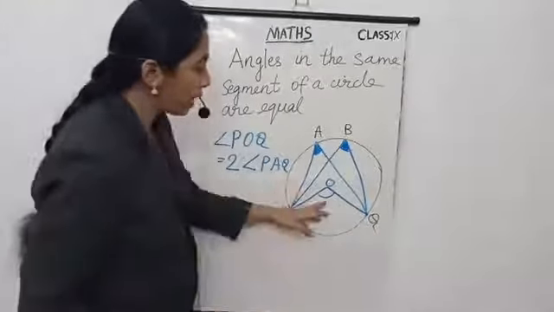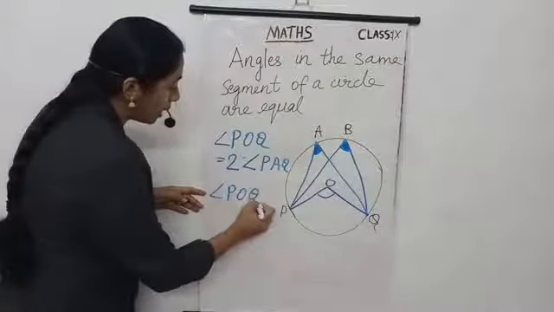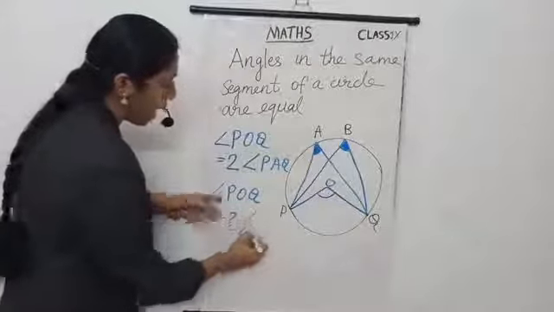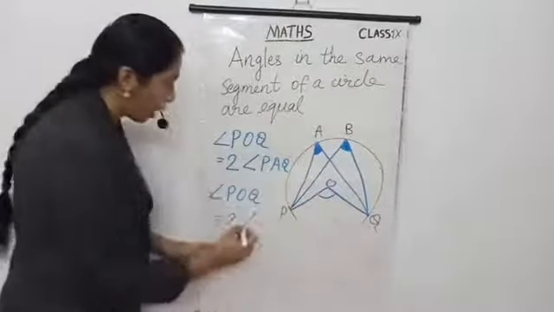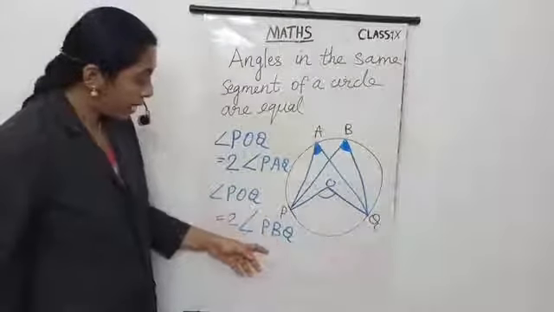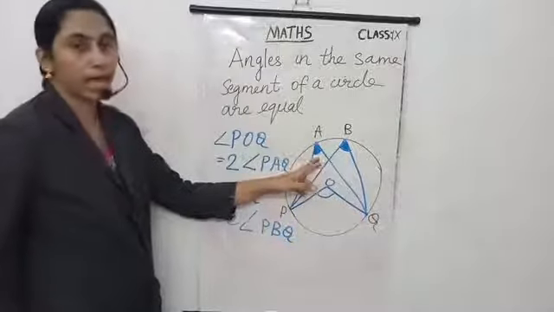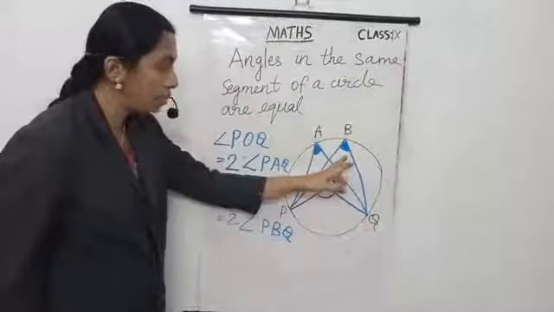In the same way, angle POQ is equal to 2 into angle PBQ according to theorem 10.8. This angle is double this angle and also this angle is double this angle.